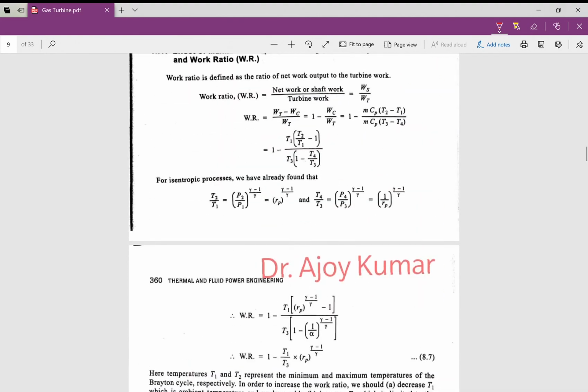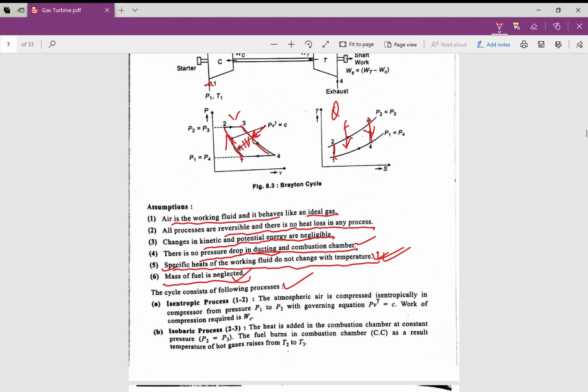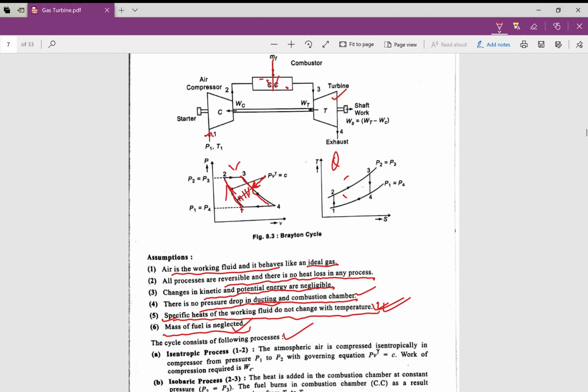T4 is equal to T2 because from the TS diagram we know already, it comes like this. T4 equal to T2. Here it is. This is process 1, 2 in which compression takes place, and process 3, 4 indicating expansion in the gas turbine.